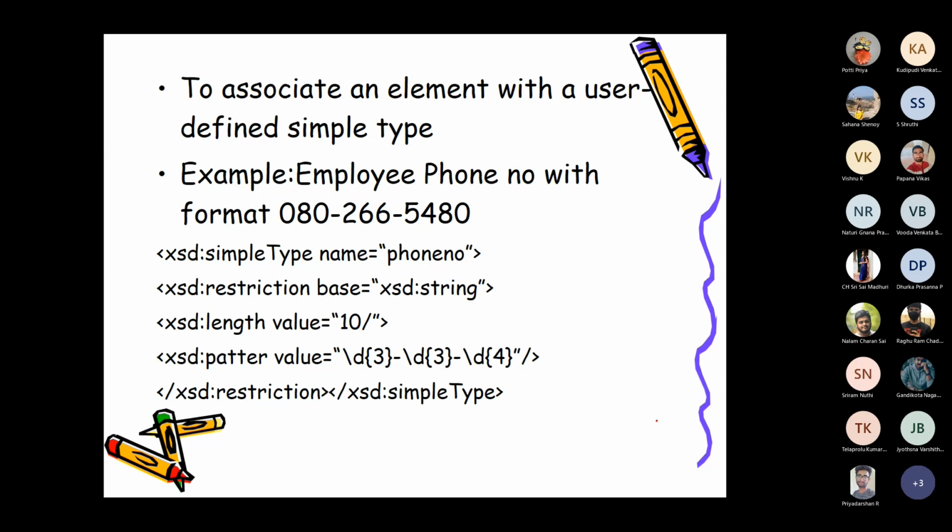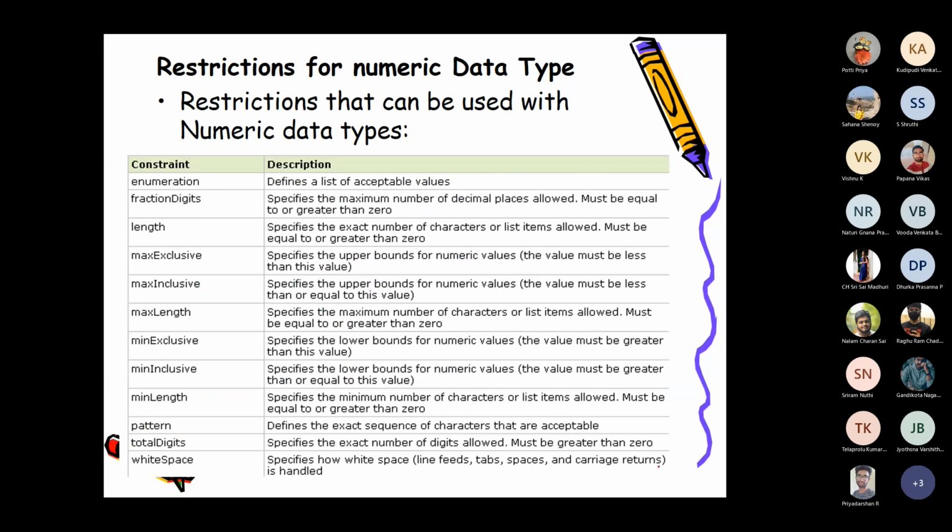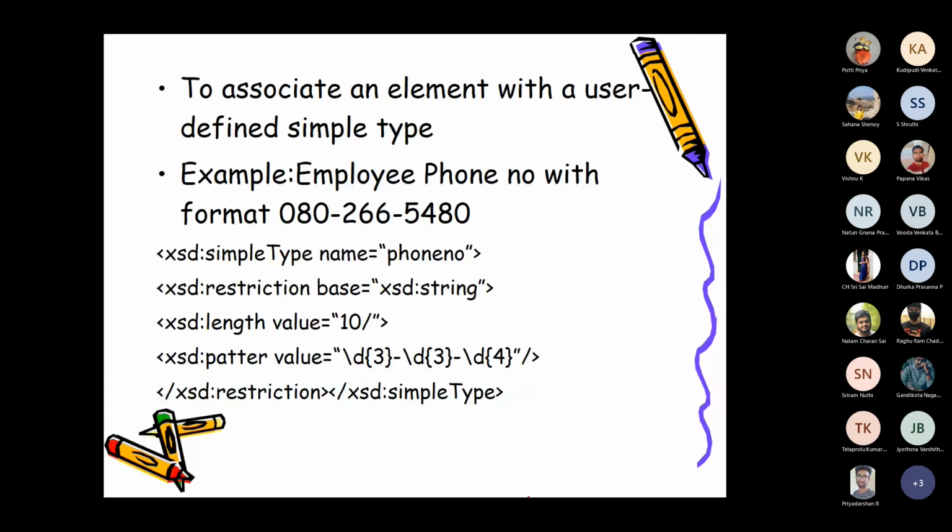Now the third one says XSD pattern, which should have an N there. Pattern value equals. Now you are going to give a format. So you wanted to have 3 digits. The digits are indicated by D. To not consider it as the D character itself, a slash is given so that it will be considered as digits.